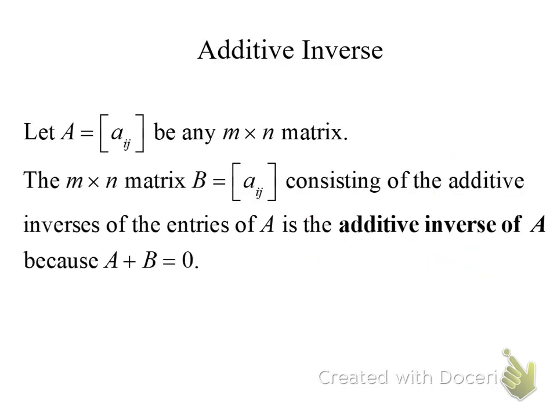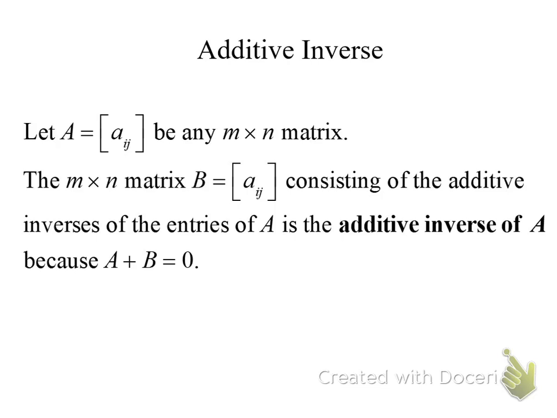So, the additive inverse, and we'll talk about more matrix properties tomorrow because we are going to split this lesson into two. The additive inverse is going to be when things add to zero. Okay, so how do I add to zero?